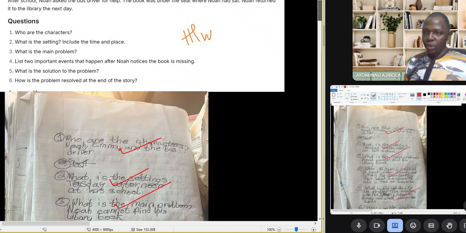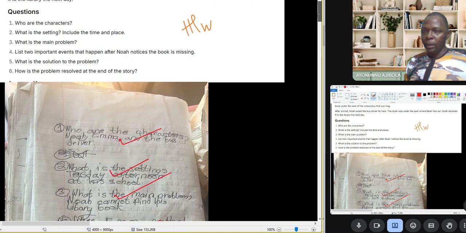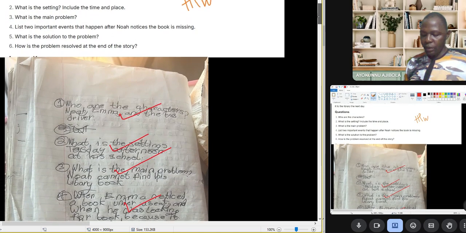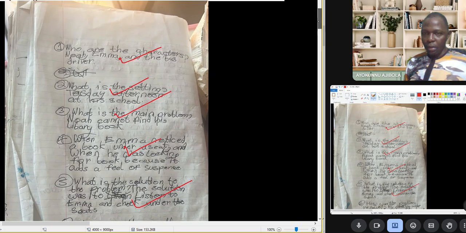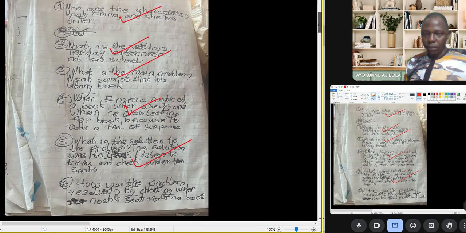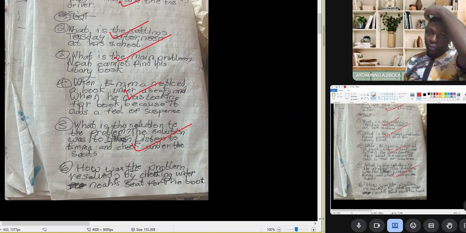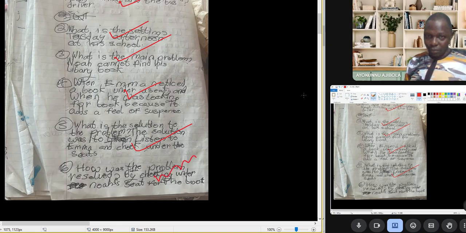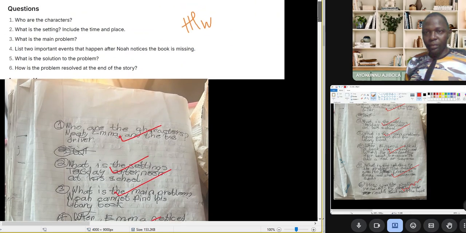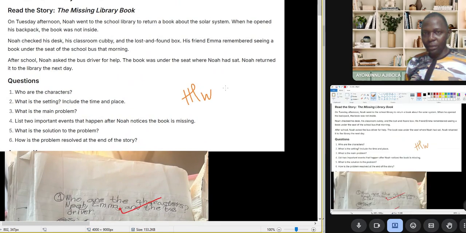The last question. How is the problem resolved at the end of the story? The problem is resolved by checking under the seat. No, that was not the problem.